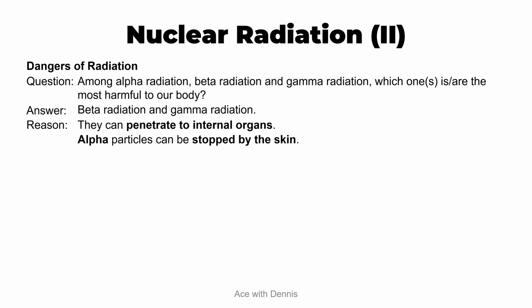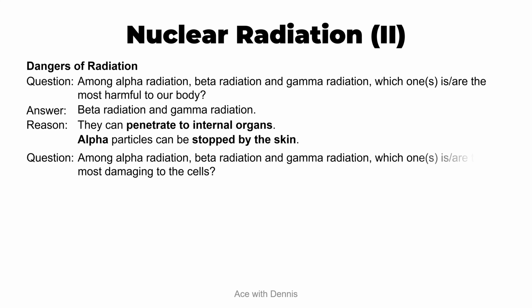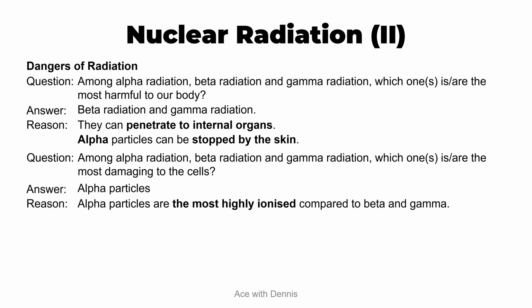On the other hand, alpha particles can be stopped by the skin. Second question. Among alpha radiation, beta radiation, and gamma radiation, which one or which ones are the most damaging to the cells? The answer is alpha particles. The reason is because alpha particles are the most highly ionizing compared to beta and gamma.